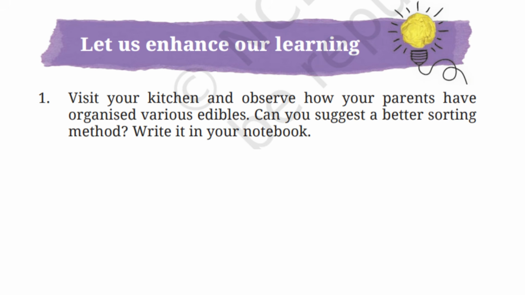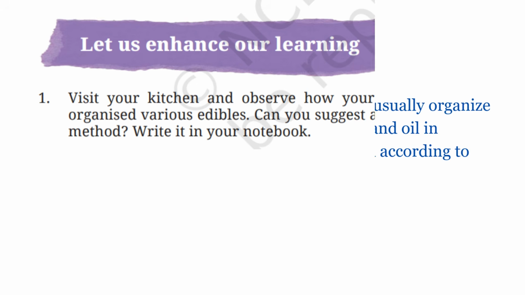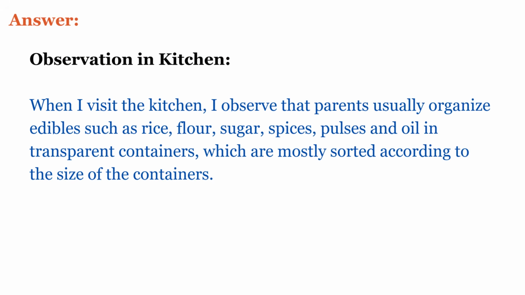Now, let us enhance our learning. Question number 1. Visit your kitchen and observe how your parents have organized various edibles. Can you suggest a better sorting method? Write it in your notebook. So you can write the answer as observation in the kitchen.